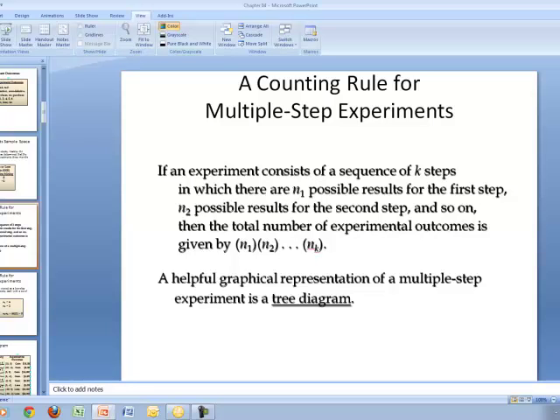Hence, if there are n1 possible results for the first step and n2 for the second step, then the total number of outcomes for a two-step experiment will be n1 times n2. If there are k steps, then the number of experimental outcomes will be n1 times n2 times n3 all the way to nk. One way to think of this is that there is a tree diagram.